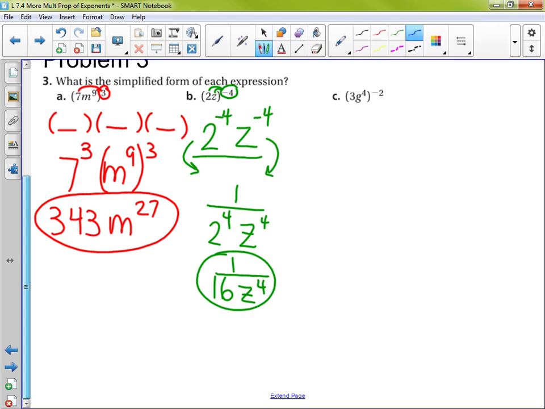And the last example, negative 2 is the exponent on the outside, so I'm going to give it to the 3 and to the g to the 4th. So I write it out: 3 raised to the negative second, g to the 4th raised to the negative second. G to the 4th raised to the negative second becomes g to the negative 8th.